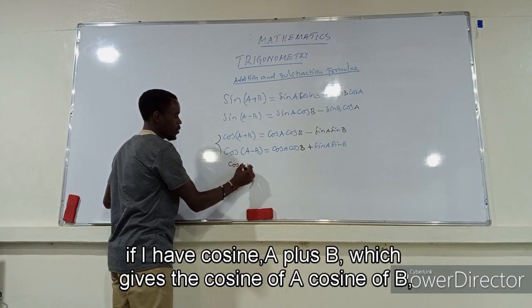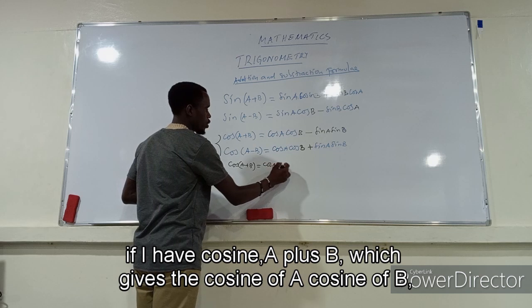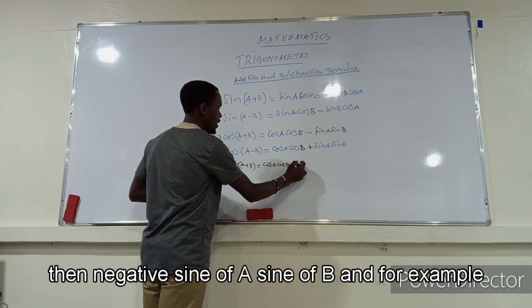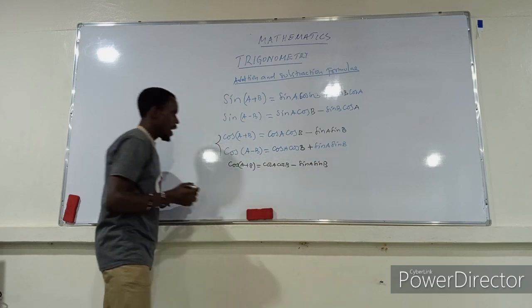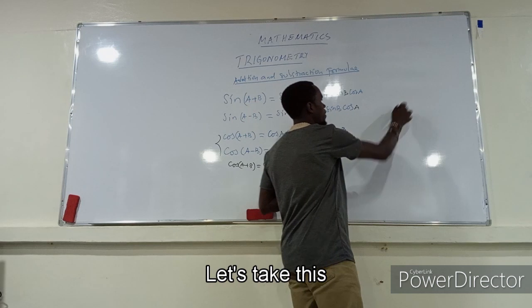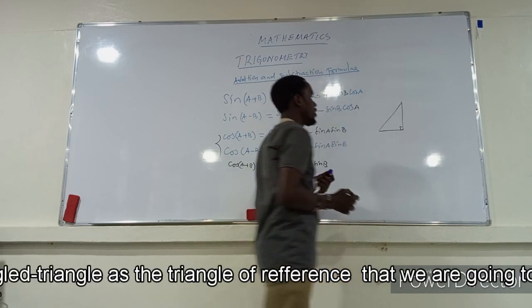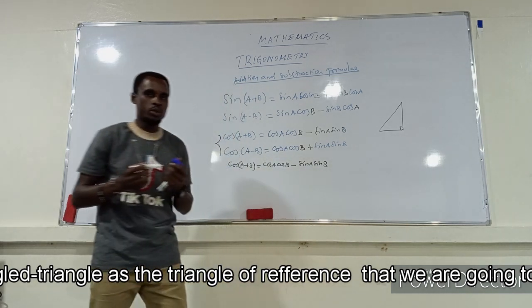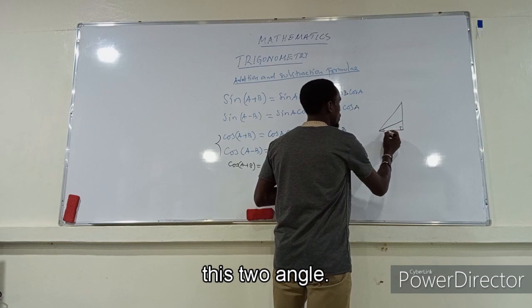If I have cosine of A plus B, which gives cosine of A, cosine of B, then negative sine of A, sine of B. For example, let's take this right angled triangle as the triangle of reference, and suppose that we are having these two angles.